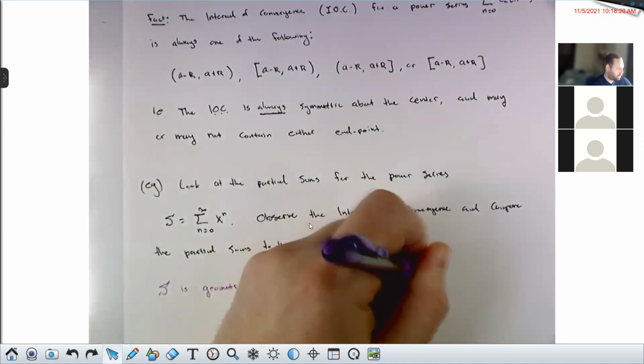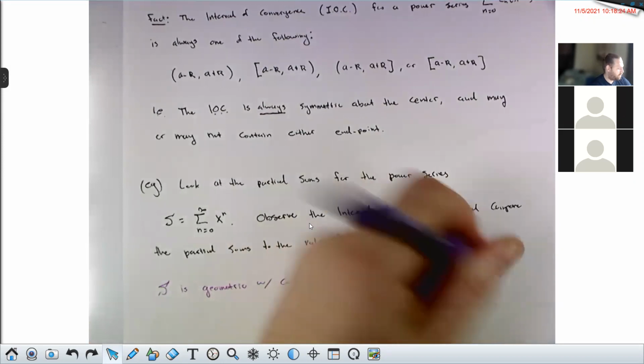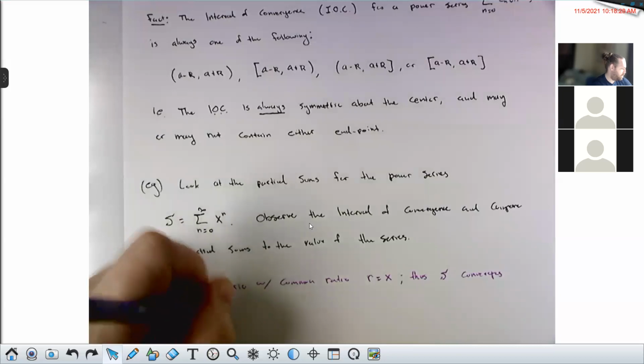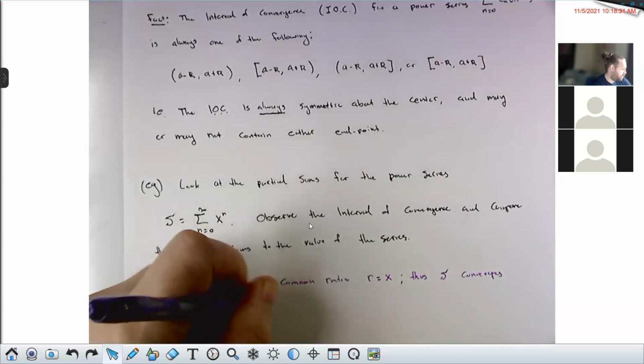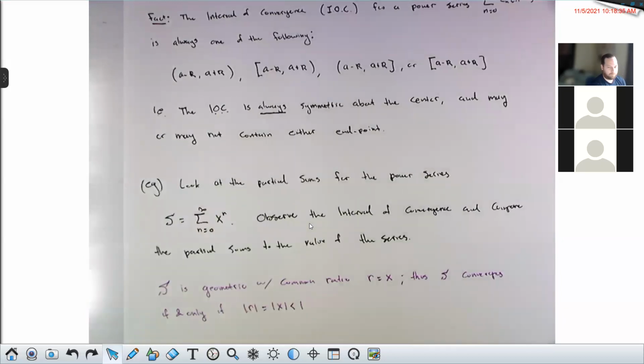Thus, S converges if and only if the absolute value of r, which is the absolute value of x, is strictly less than 1.